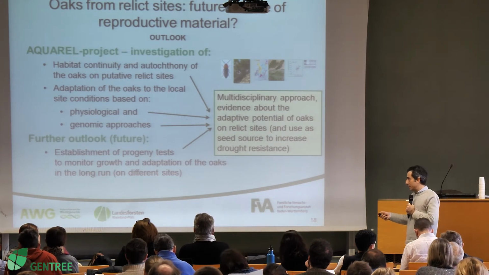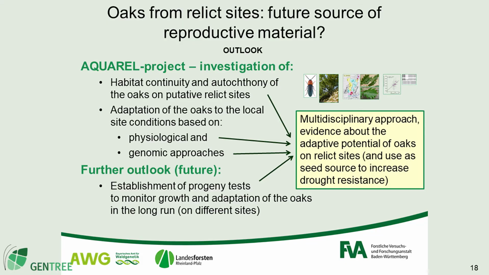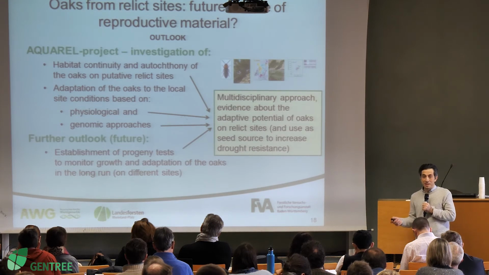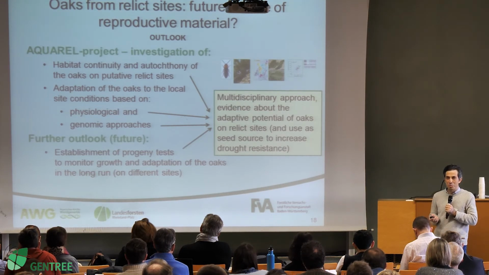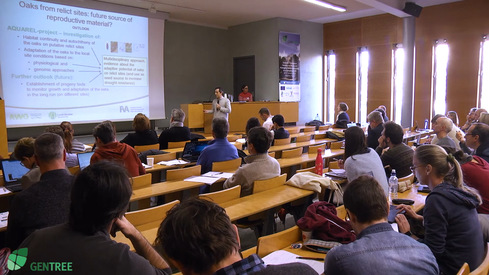After having studied habitat continuity, we want to see if the chloroplast DNA structure fits with an autochthonous pattern, and this leads us also to test then the hypothesis that those autochthonous oaks have also adapted on the site. And this multidisciplinary approach will help us in future answering the question whether this can contribute also to future forest management. Okay, that was it.